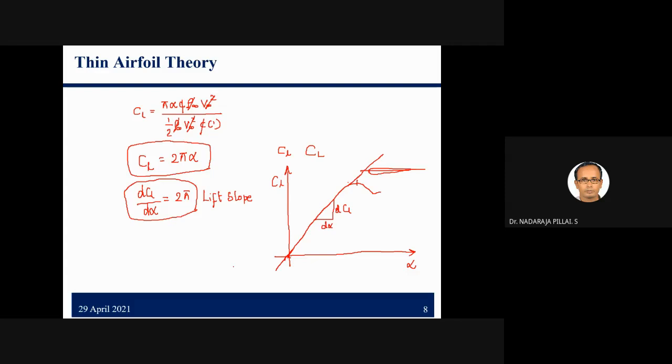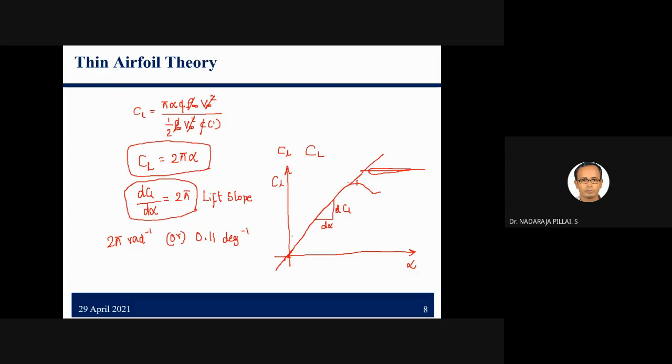So one can say that this dcl by d alpha is 2 pi per radian, or we can mention that as 0.11 per degree.